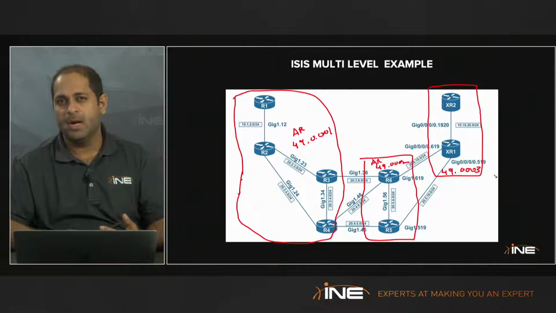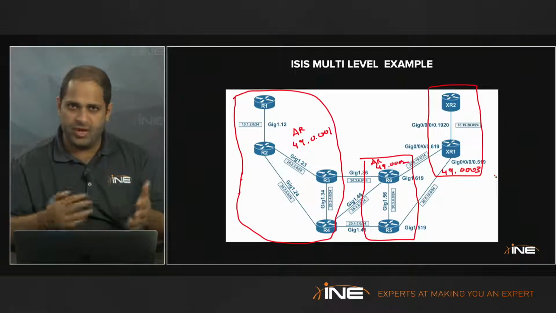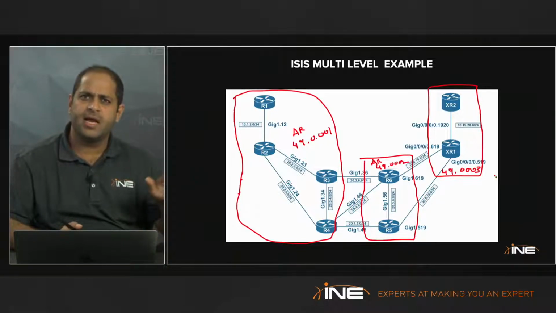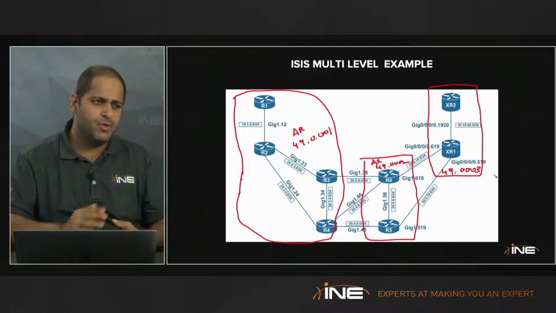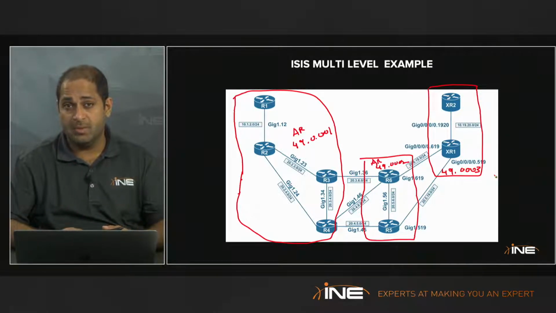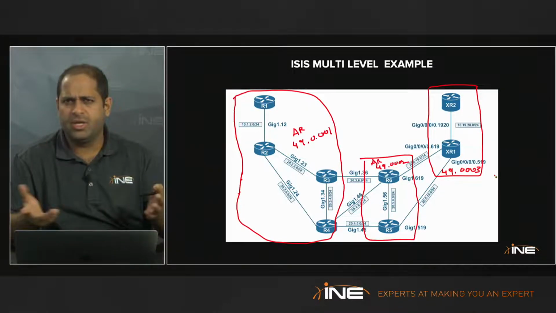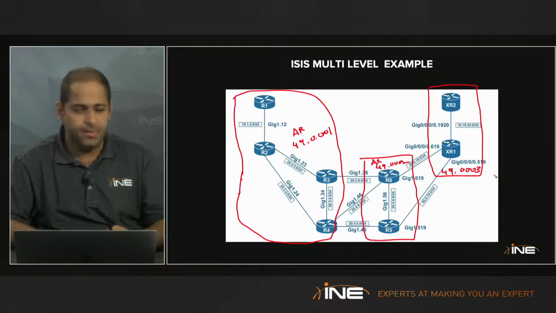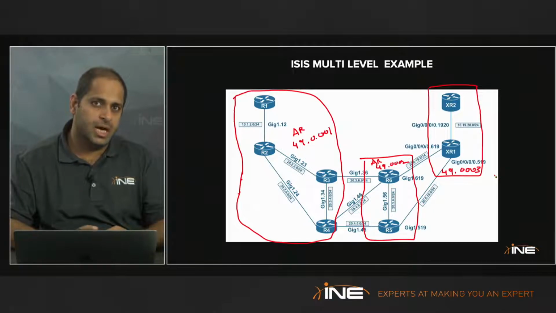They should be running multi-level where they have both levels running, maybe on the intra-area side running just level 1, and maybe on the WAN side towards R6 and R5, they should be running level 2 only. I could keep them as level 1, level 2 anyway because they would only form level 2 adjacency with the WAN side towards R6 and R5.